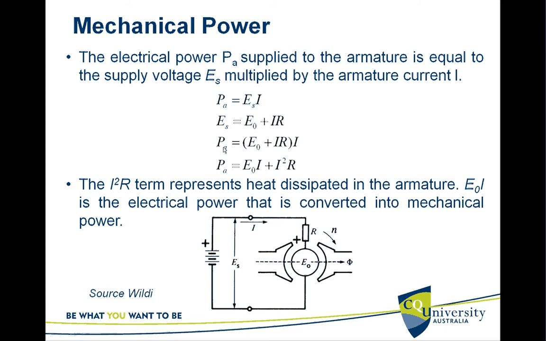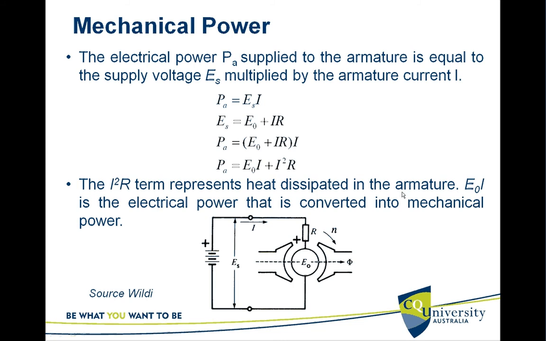Now PA, the power in the armature, therefore is E naught plus IR multiplied by I, which is E naught times I plus I squared R. The I squared R term represents the heat dissipated. So this is the loss and this is the effective power.